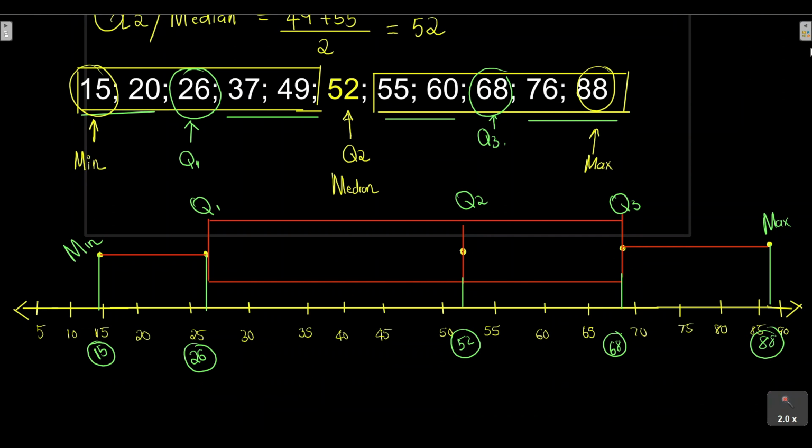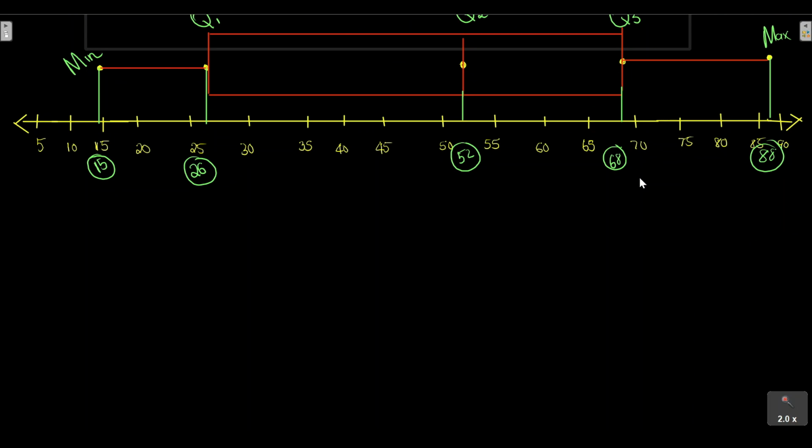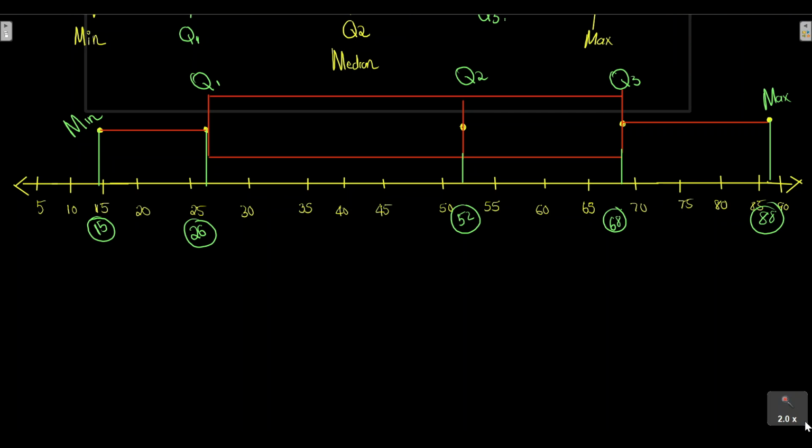Another thing to remember is that in your questions, sometimes you'll find that it will ask you what is the 25th percentile, what is the 75th percentile, what is the 50th percentile, from the box and whisker diagram. So it's very important that you understand that. Just for additional information, what is a percentile?